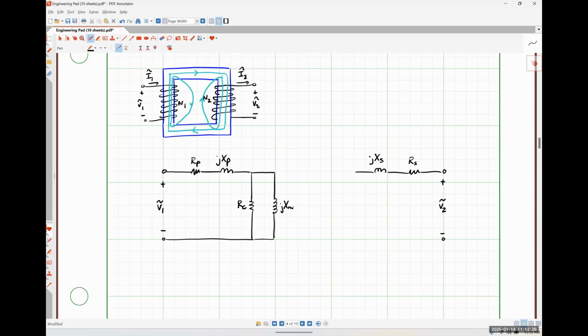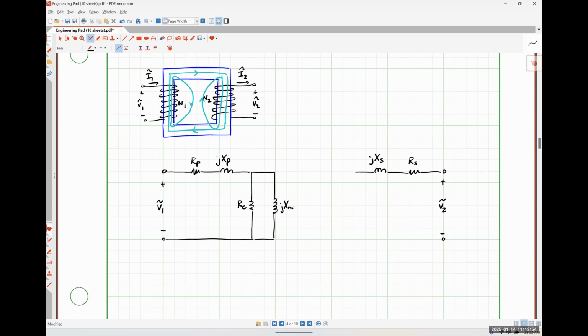And the reason why we're treating this as an inductance is because we can see that the current that happens when we magnetize our core lags our voltage by 90 degrees, which is the phase relationship in an inductor: the current lags the voltage by 90 degrees. Okay.